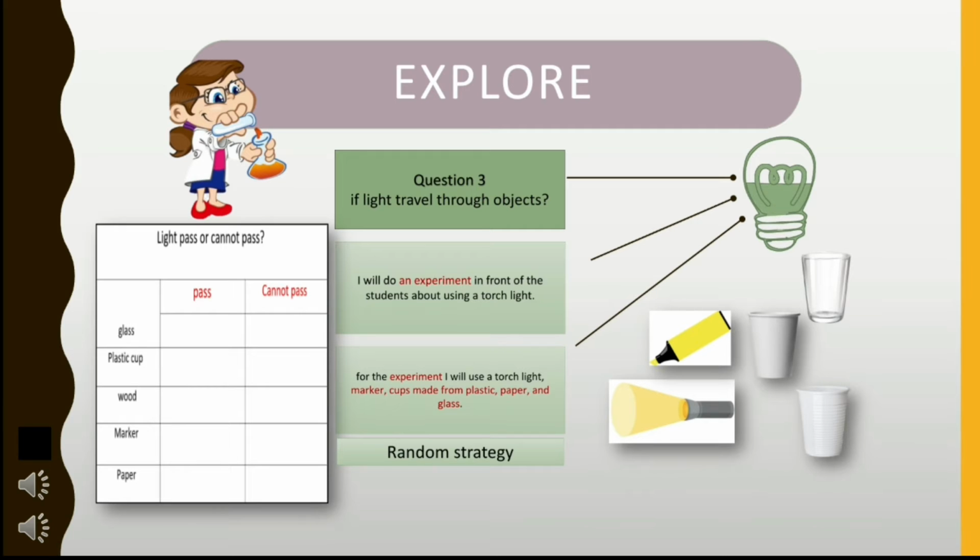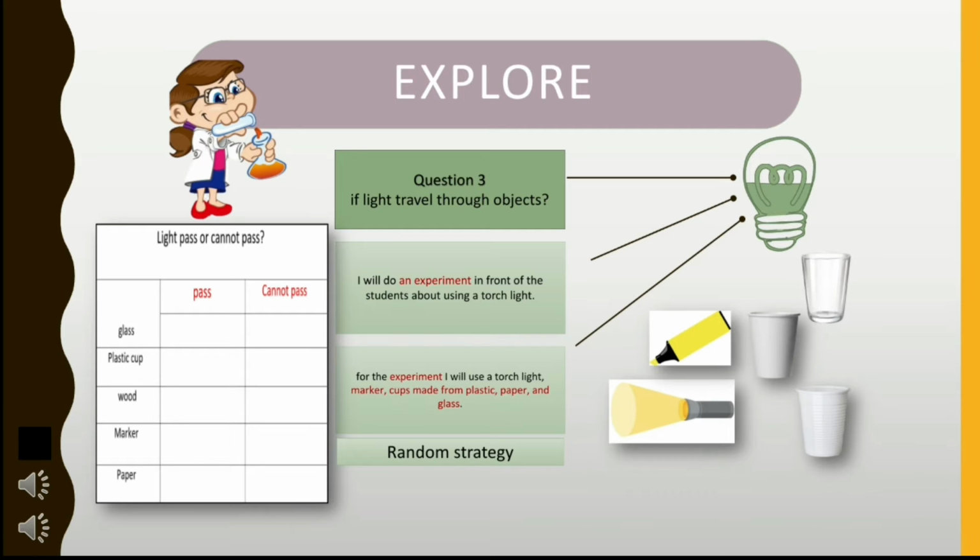Finally, for the last question, which is whether light travels through objects, I will do an experiment that lasts for 10 minutes in front of the students, using a torch to find out which objects can or cannot pass the light through them.